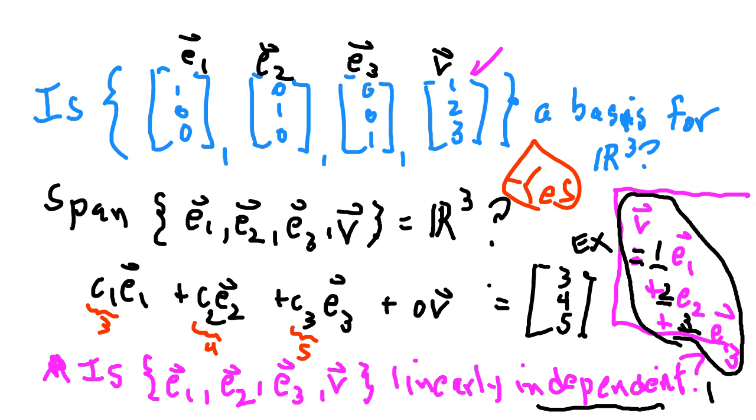Dependent. That's right, Marcella. So the answer is no, those vectors aren't linearly independent, and so we do not have a basis for R3. We do not have a basis here. Are there any questions on that?